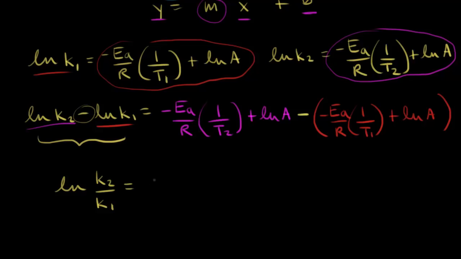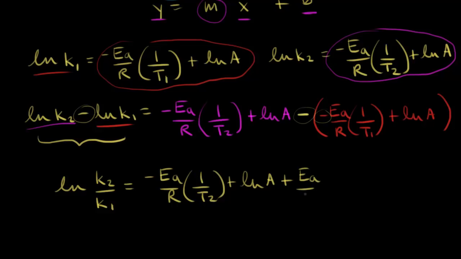And on the right, this would be negative EA over R, 1 over T2 plus natural log of A. And then we have these two negative signs here, so that would be plus EA over R, 1 over T1. And then this would be a negative natural log of A, so minus natural log of A. Notice the natural logs of A go away here.